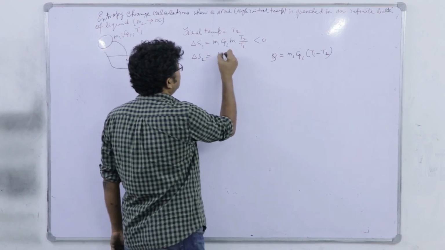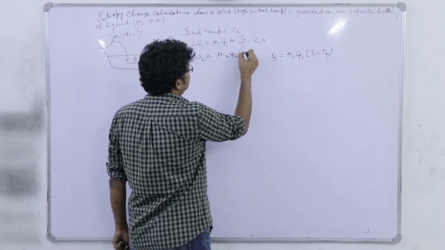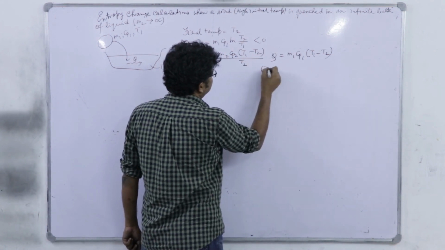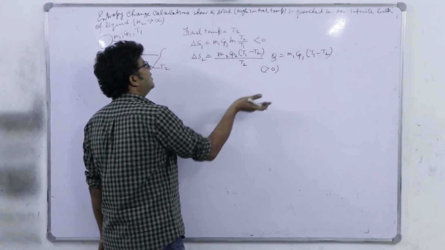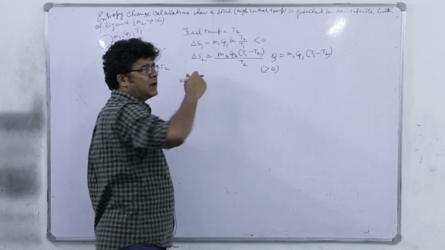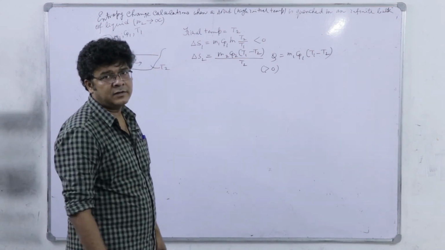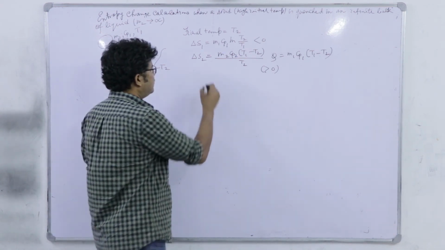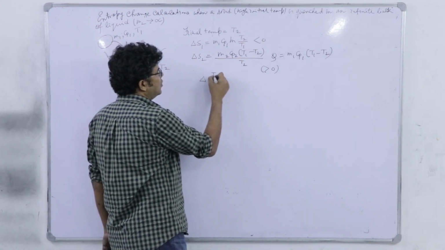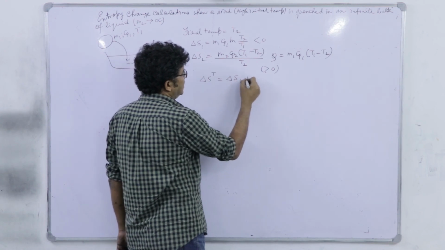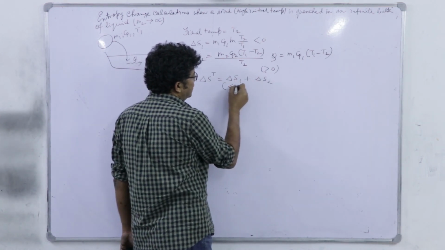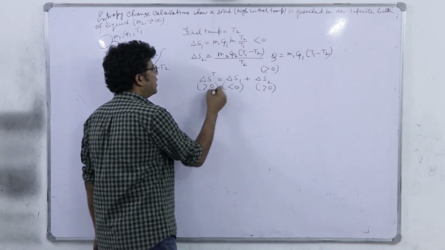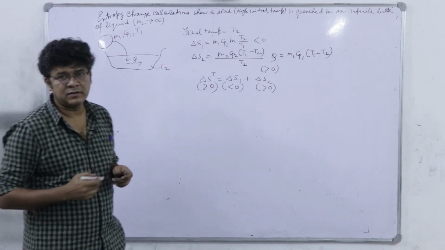So, delta S2 will be M2 Cp2 (T1 minus T2) divided by T2, which is positive, and will balance this delta S1 such that the total entropy change becomes positive. So, the overall process we can establish to be natural, which is actually true. So, delta St equals delta S1 plus delta S2, this is negative, this is positive, and overall this will be positive because it is a natural process.